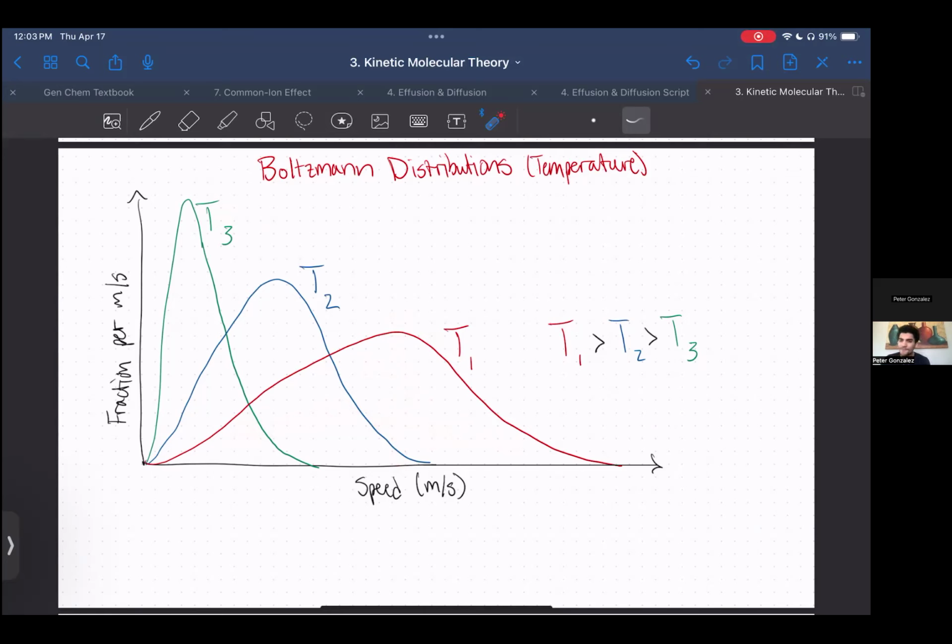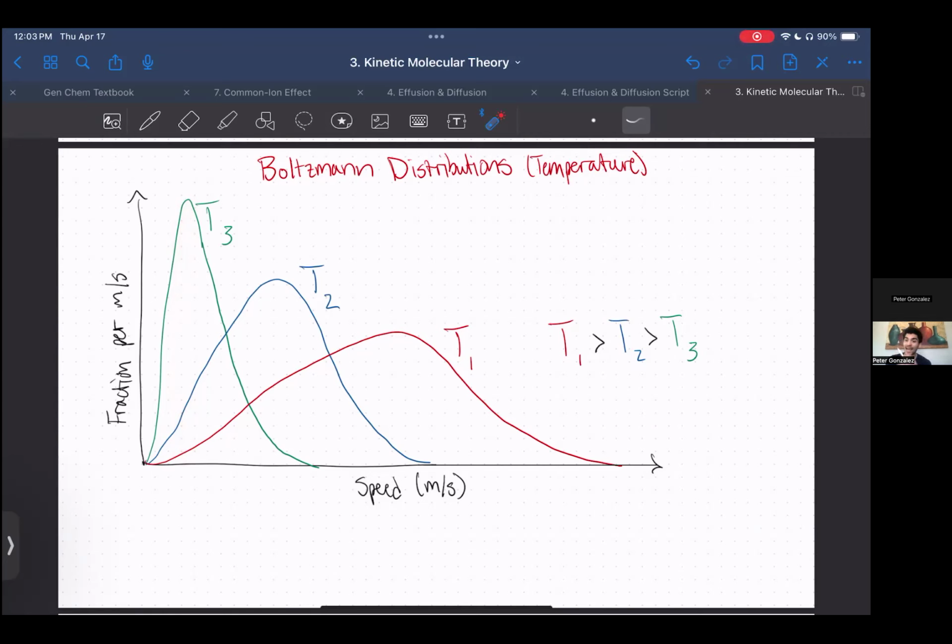So even though it is very unlikely for a gas at this T1 temperature to have the exact same velocity as a gas at the T3 temperature, it's not impossible. So what you cannot say is that all of the particles at T1 move faster than the particles at T3. That's not true. Not all of them. The vast majority definitely do.